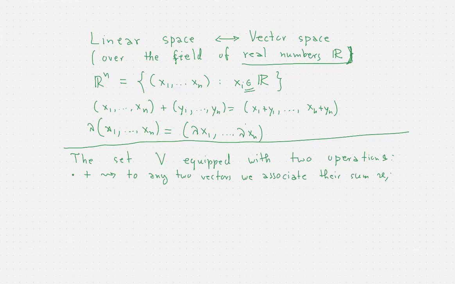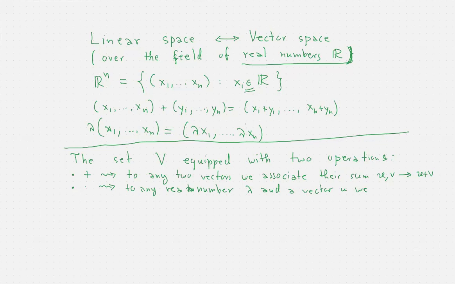And scalar multiplication, it's not by a dot, even though usually the dot is dropped: to any real number lambda and a vector u, we associate lambda u.